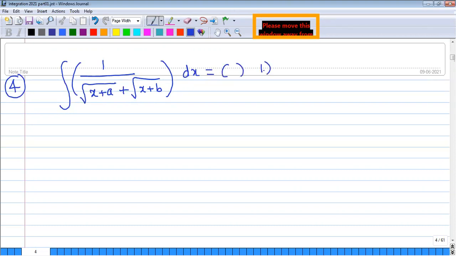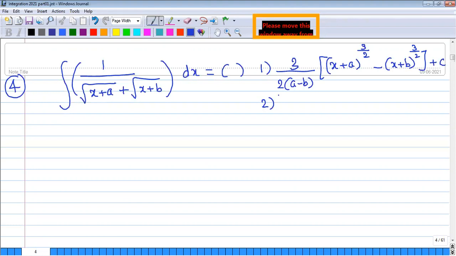First option: 3 upon 2 times a minus b, times x plus a whole to the power of 3 by 2 minus x plus b whole to the power of 3 by 2, plus constant of integration.